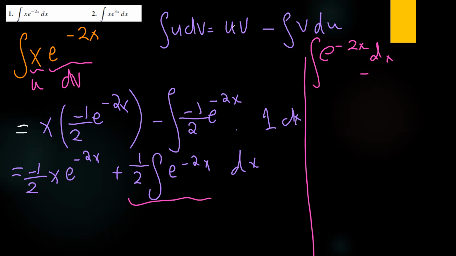as I did before. Let's remember that if you need to find the integration of e to the power u, we have to say that this is u. So if u is negative 2x, we need to find du, which will be negative 2 dx. So dx will be du over negative 2.